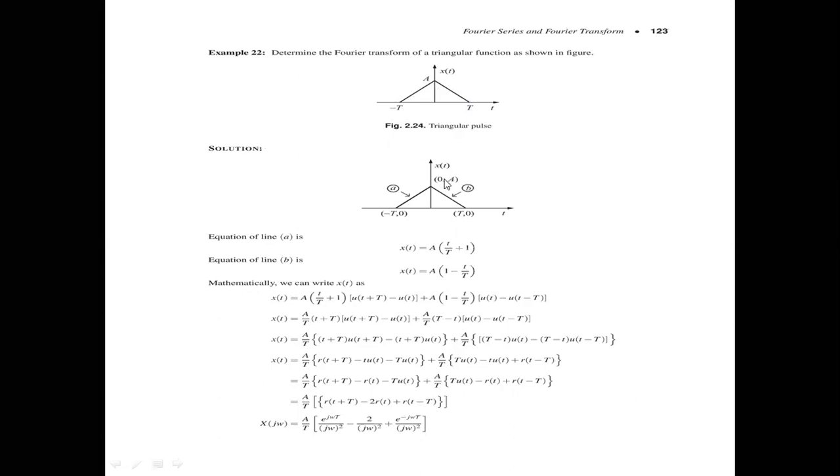Now see, what are the coordinates here for the triangular wave? (−T, 0): any point on the real axis means the imaginary value is 0, so x and y, (−T, 0), and here also (T, 0). Coming to the y-axis, which is the x(t) signal, a point on the y-axis means x is 0, so (0, A). These are the three points we have for the given triangular function.